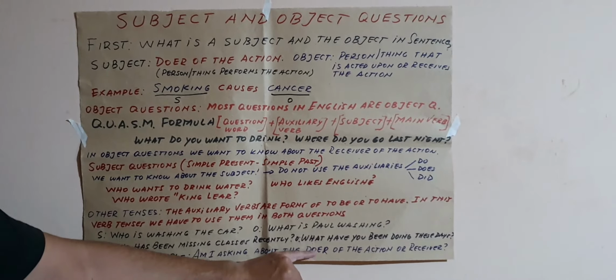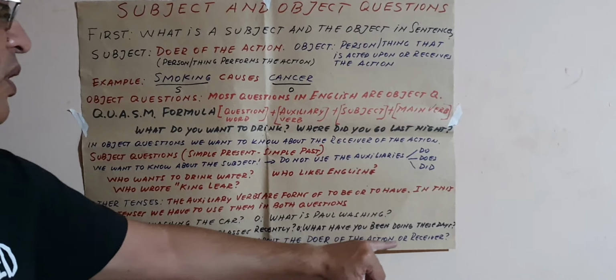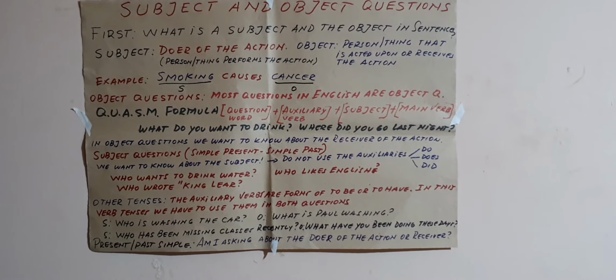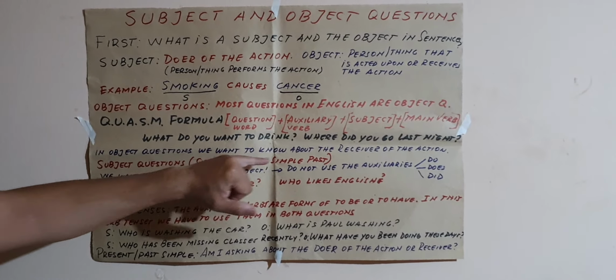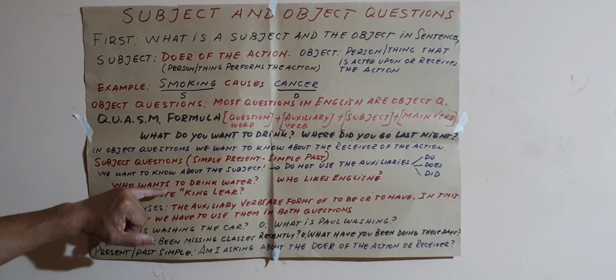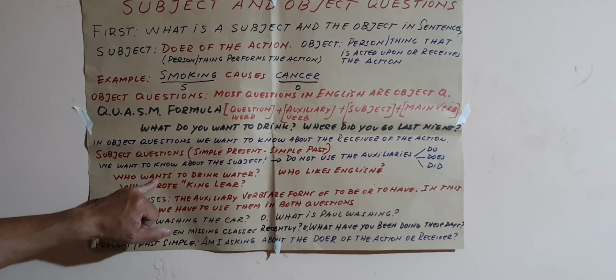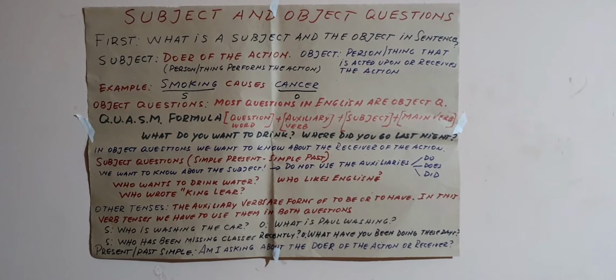So if you are asking about the doer, you have to use the subject question. If you are thinking of the receiver, you have to use the object questions. But remember, in the present simple and in the simple past, you are not going to use the auxiliary, and after the interrogative word, you are going to use the verb as if it was an affirmative sentence.